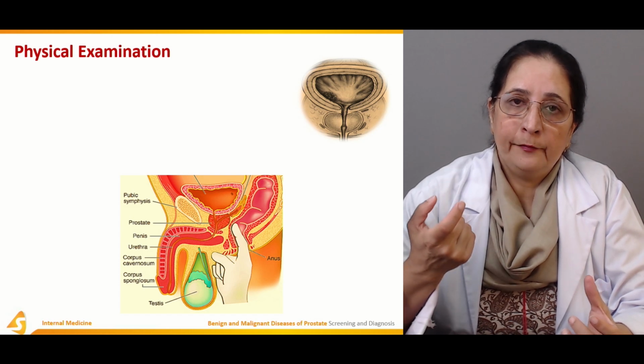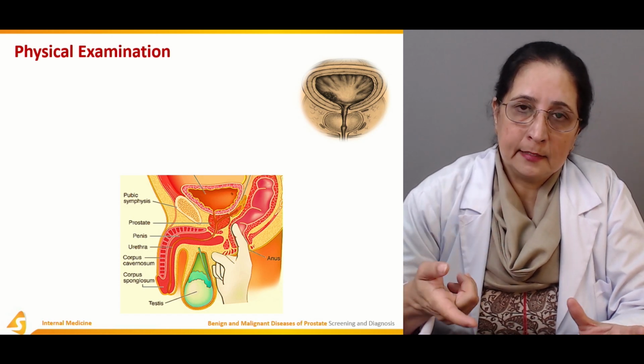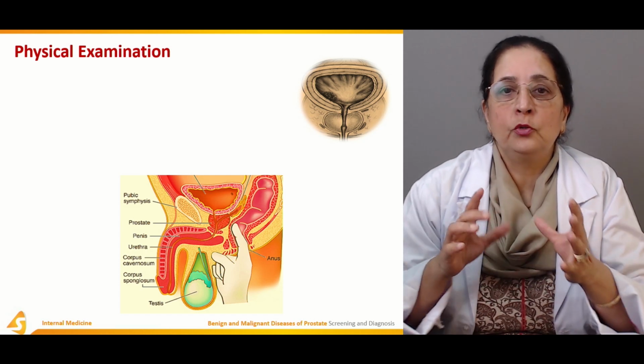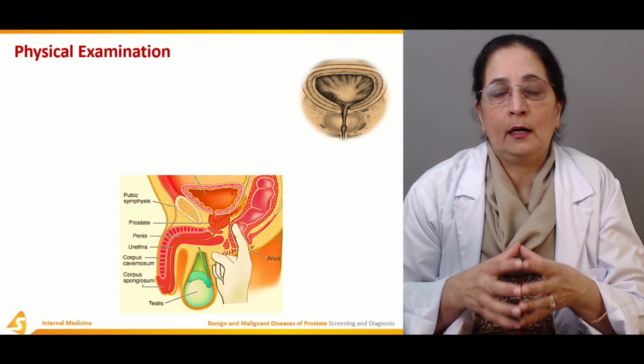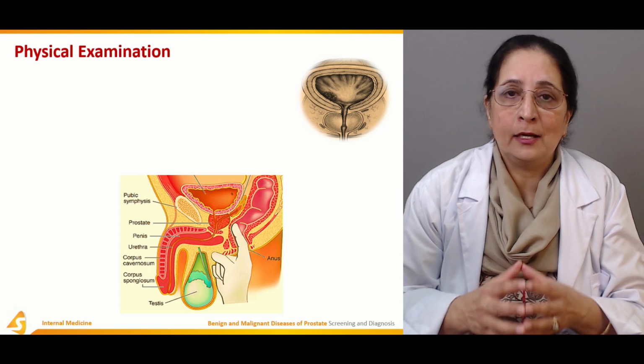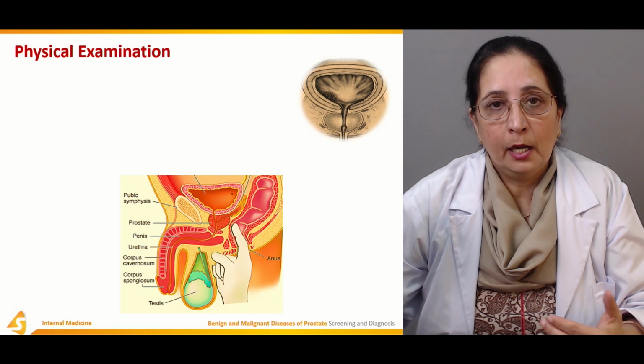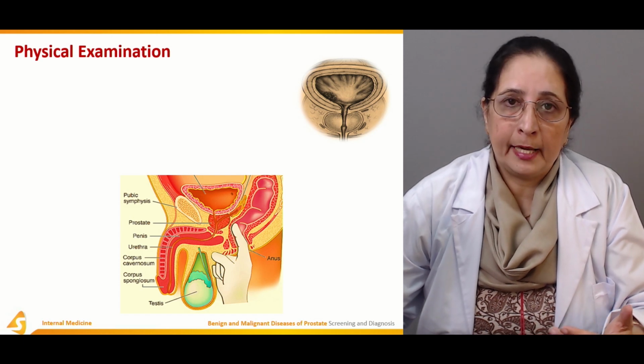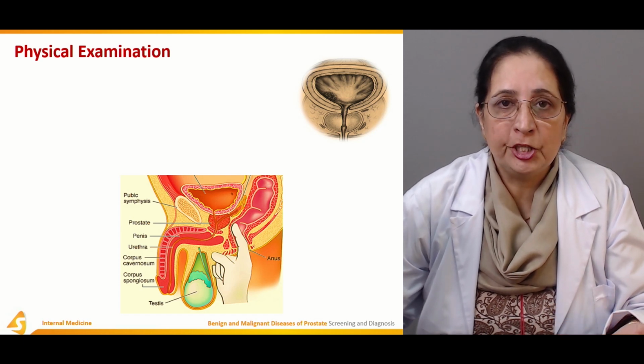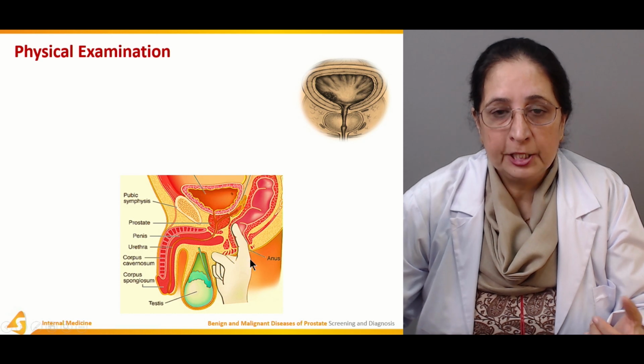Just one single finger, the index finger, is inserted and used to feel if there is enlargement of the prostate gland or not. This is the very first initial basic physical exam method, called the digital rectal exam.